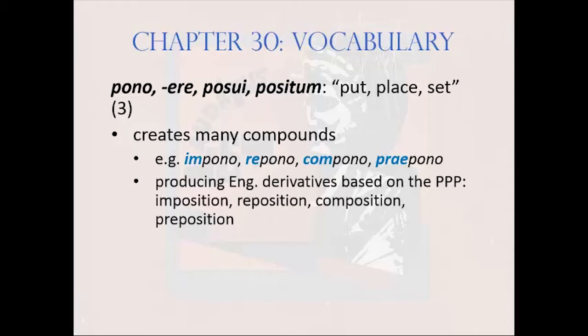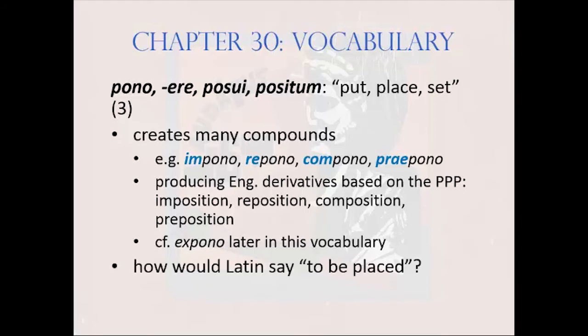These in turn created a raft of derivatives in English, the majority of which are based on the perfect passive participle positum: imposition, reposition, composition, preposition, and expono, which is part of this vocabulary. We'll get to it in a second.